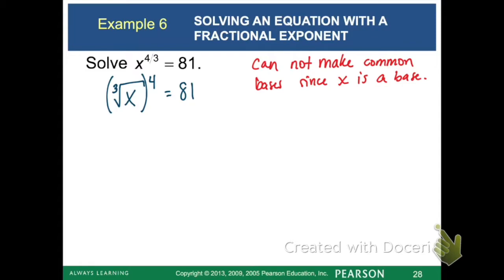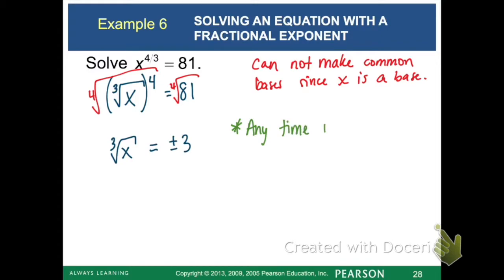So 4 is an exponent. The inverse of an exponent of 4 would be a 4th root. So we're going to take the 4th root on both sides. Anytime we take an even root, we're always going to need to put a plus or minus in front of our answer.